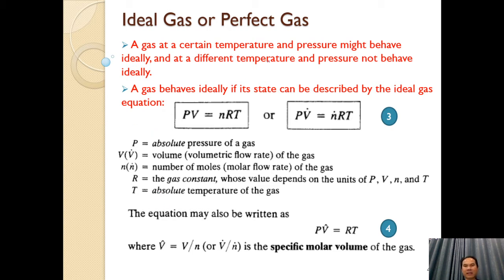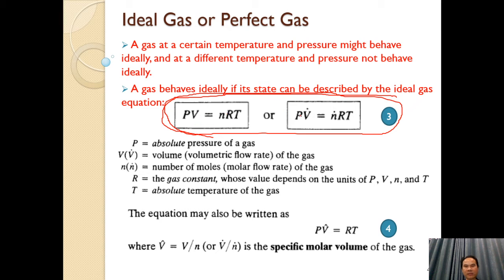A gas at a certain temperature and pressure might behave ideally, and at a different temperature and pressure not behave ideally. If the gas behavior follows this equation, we call it an ideal gas: PV equals nRT, or PV dot equals n dot RT.